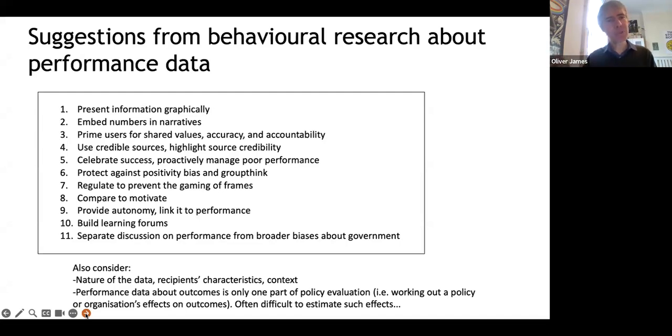But if you can give them some benchmark to evaluate against, it could be historical information and trend lines, but also comparisons with relevant peer organizations, or outcomes for other areas that didn't have the investment. We know, not just from a social science point of view, that this is very useful for people when they're trying to make sense of those performance numbers.